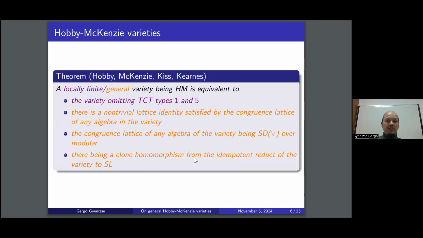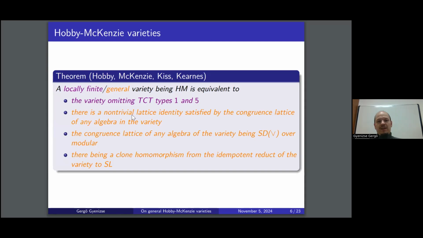What do we know about Hobby-McKenzie varieties? Maybe a little less than for Taylor varieties, so it's not as important a class. And there are things that are, again, only true for locally finite, and there are things that are general. The thing for locally finite is that we have a TCT characterization, and that characterization is very nice.